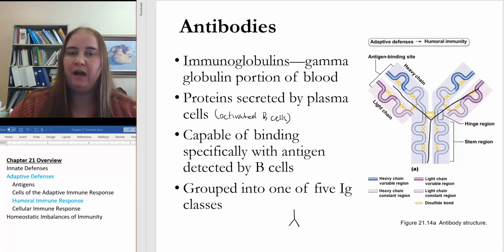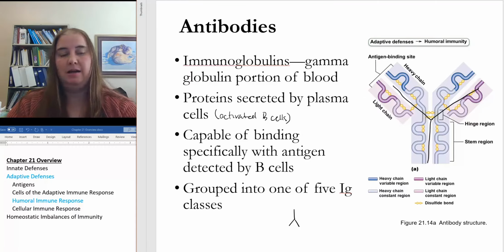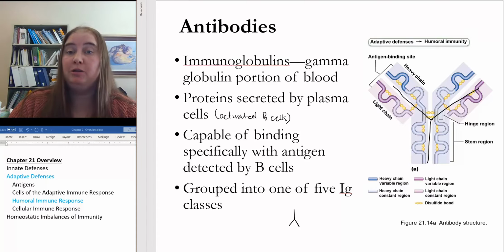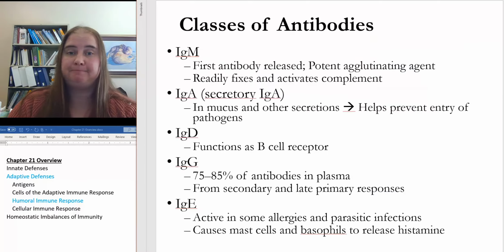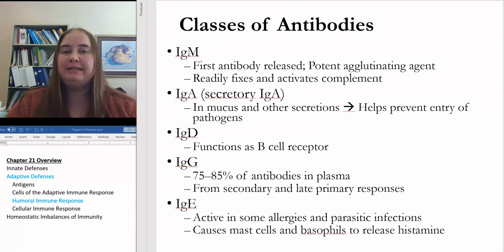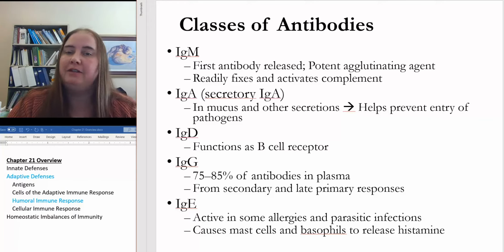Now, there's 5 classes of Ig or immunoglobulin antibodies. We have IgMs, IgAs, IgDs, IgGs, and IgEs, okay? Now, these different classes all kind of have different functions. So, for example, IgMs are the first antibody released.